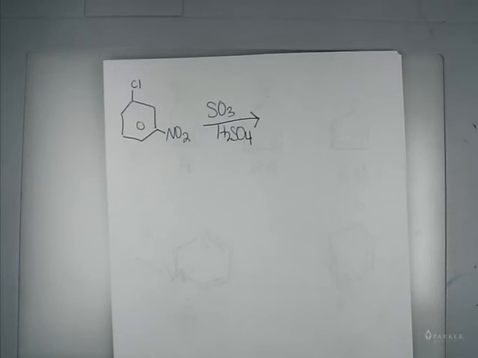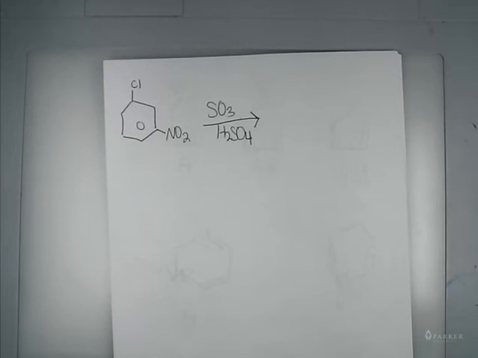So with these, which ones are usually your director? Your strongest directors are what? Well, in this case, a halogen. But your ortho-para activators are always your strongest. Then would be your ortho-para deactivators, because they are deactivators, but they're kind of mild deactivators.